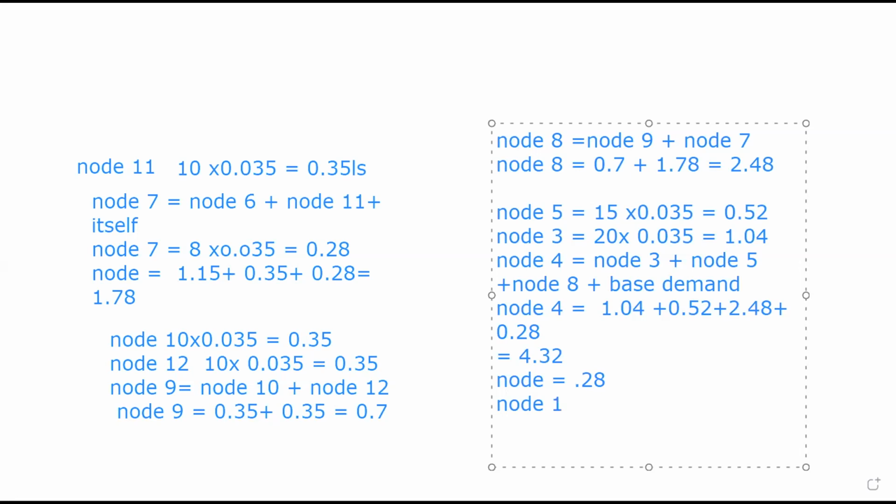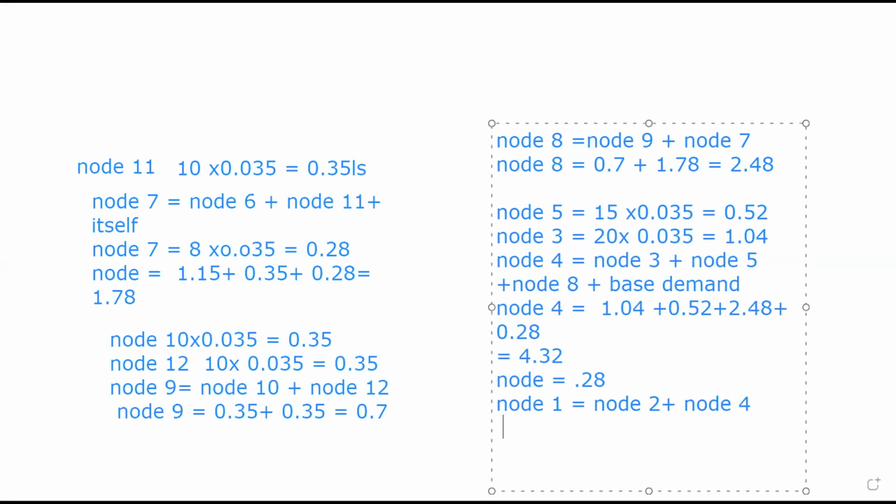Node 1 is now what? Node 2 plus node 4, which is 0.28 plus 4.32.